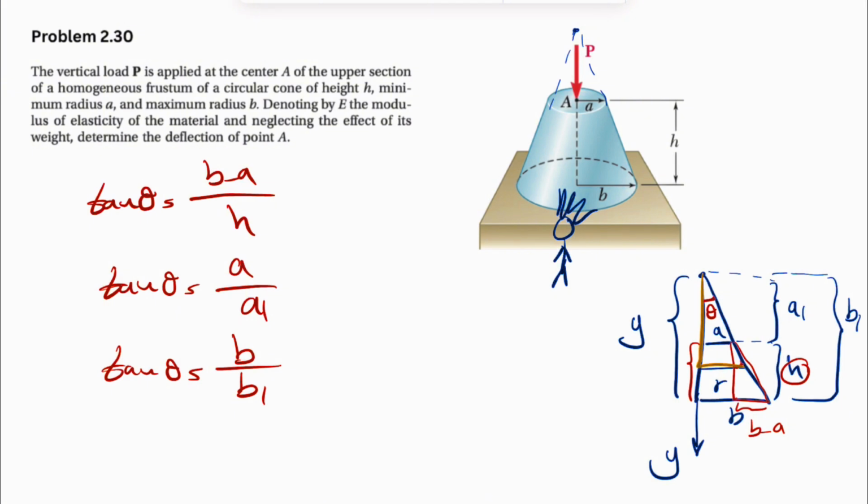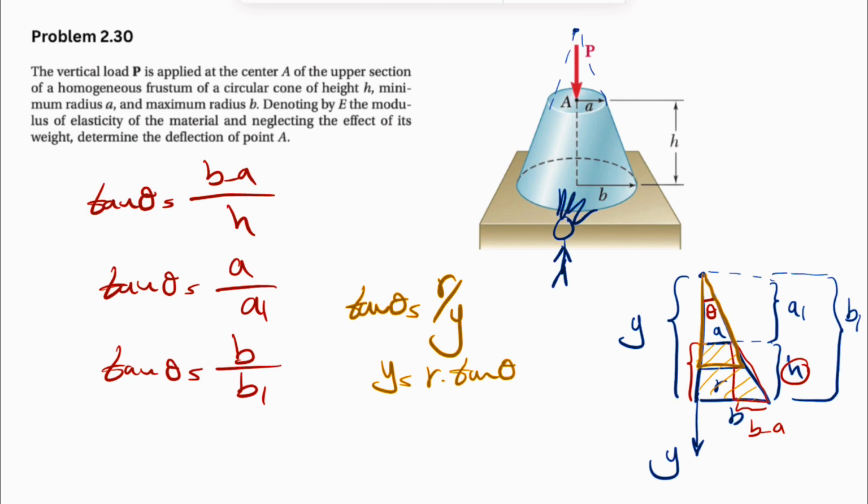If we look at this right triangle here, again, our tangent of theta would be r over y. So we are moving from a1 to b1, which is our partial cone. So our y is basically r over tangent of theta.